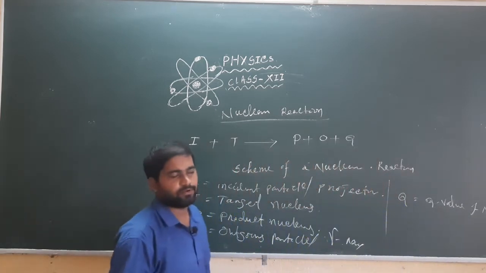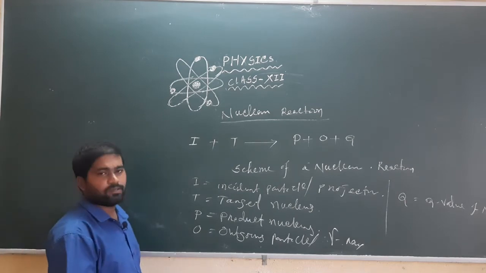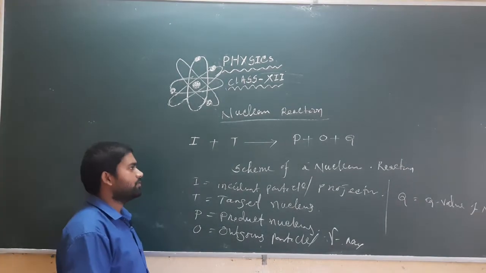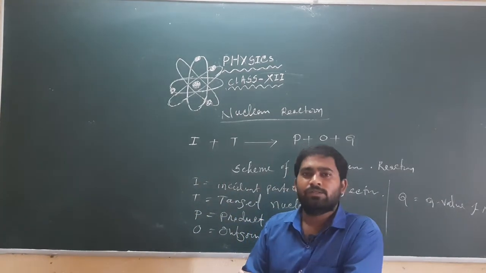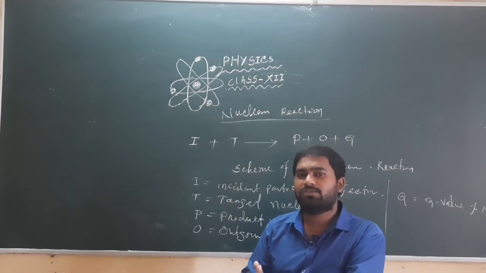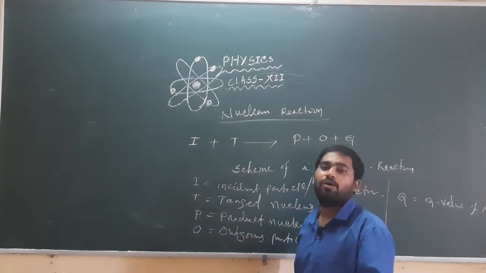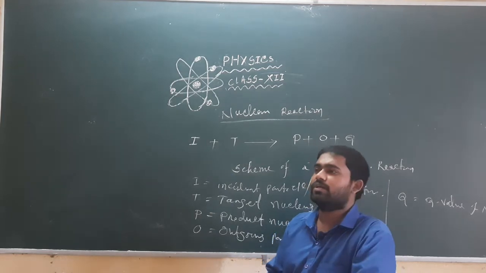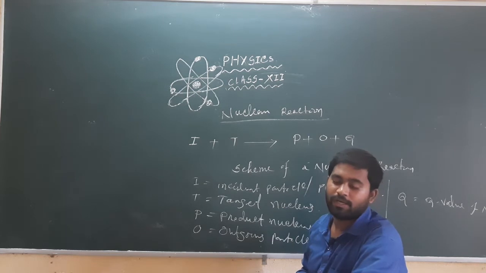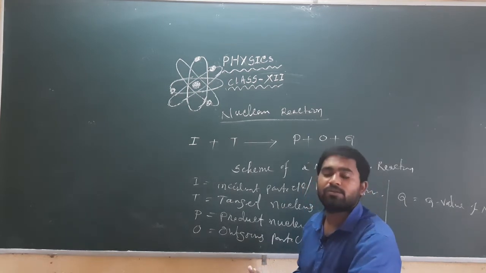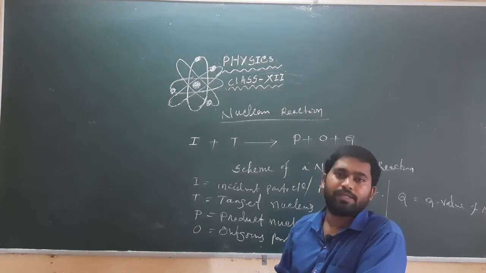So this is a general scheme of a nuclear reaction, but when we measure a nuclear reaction, we find there are some conservation laws that must be obeyed in any nuclear reaction. So what are the different conservation laws used to measure the nuclear reaction?